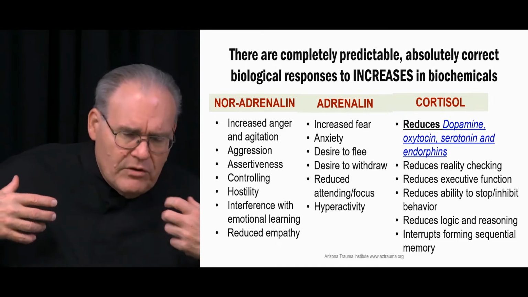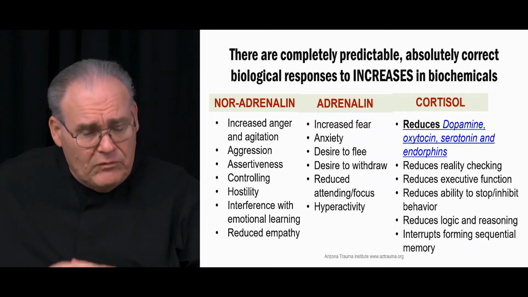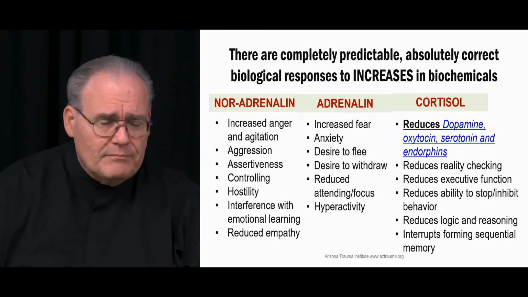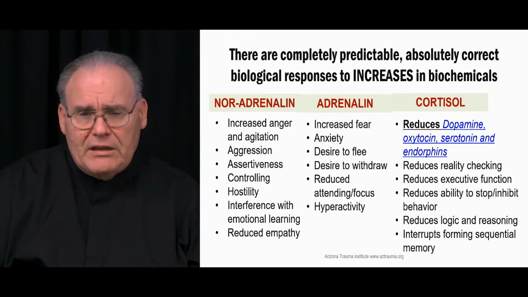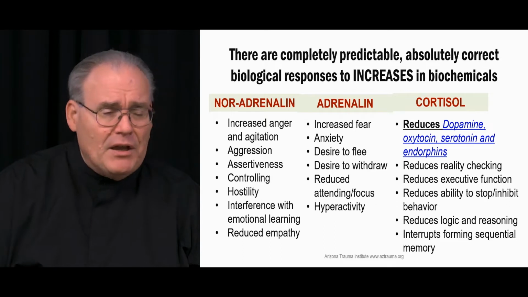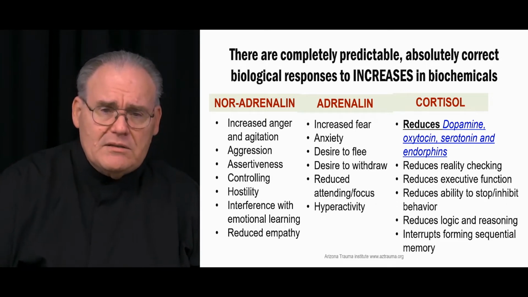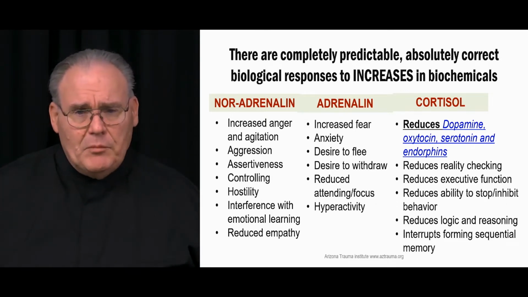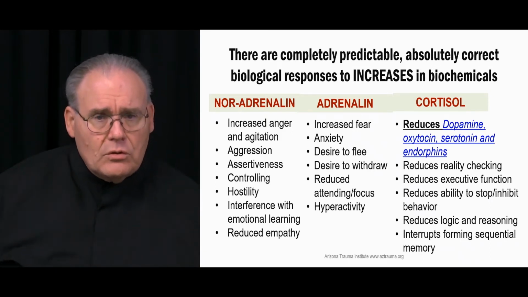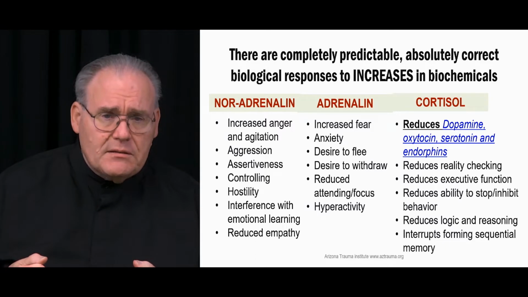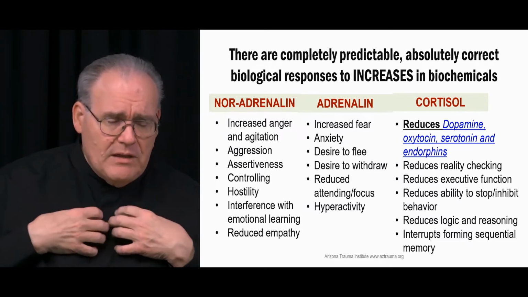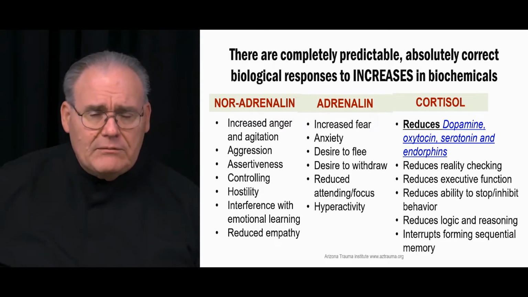I'm going to be incredibly assertive to the point of maybe even being controlling or over controlling. I may be really having a difficult time learning from my emotional experiences. I'm not going to have much empathy because my system is basically telling me I need to act in a way to control essentially risk or threat as I perceive it, as me as a person perceive it.